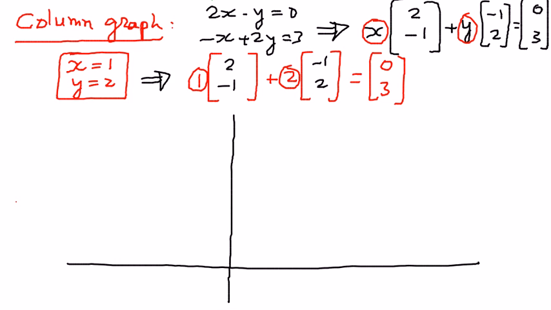This is the origin here, and let's pick some points. 1, 2, this will be negative 1, and then 1, 2, 3, 4, and this is the origin 0, and then we'll have negative 1, negative 2, negative 3, like that.